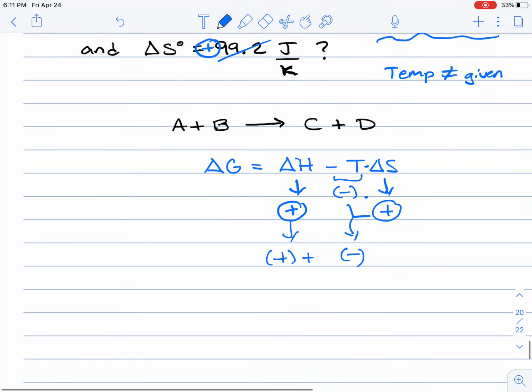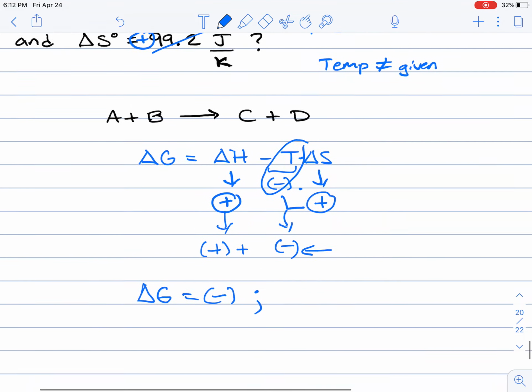And so if we're trying to get a negative delta G, that means this negative sign has to dominate. The only way that we can increase the value of that negative number is if we increase the temperature.